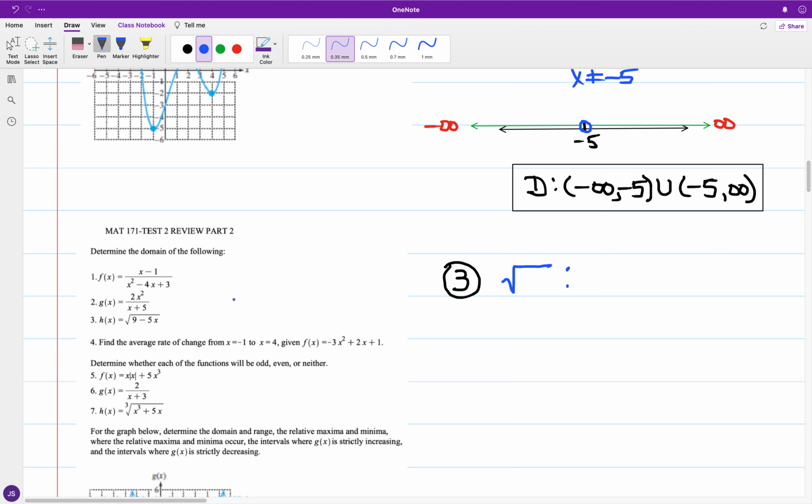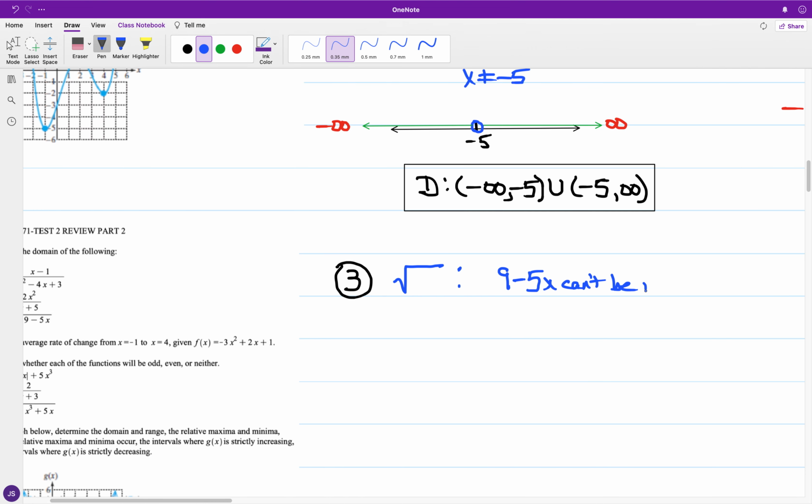Since the restriction comes only from the square root portion, 9 minus 5x cannot be negative. It can be 0 and it can be positive, so you have 9 minus 5x greater than or equal to 0.